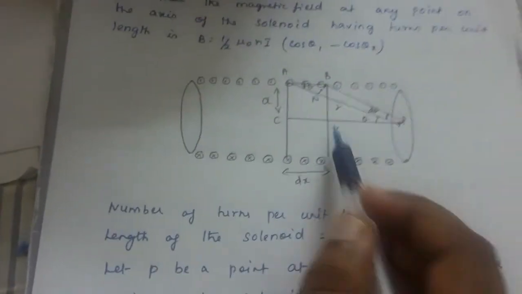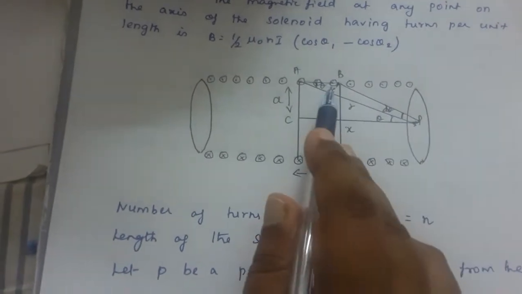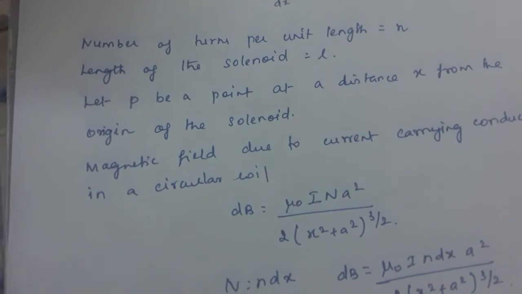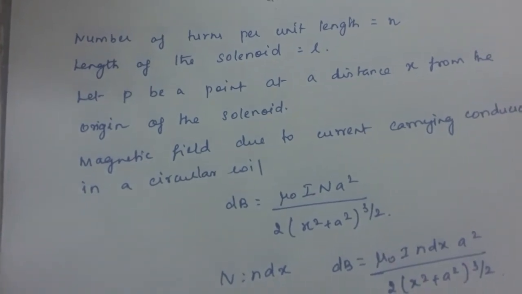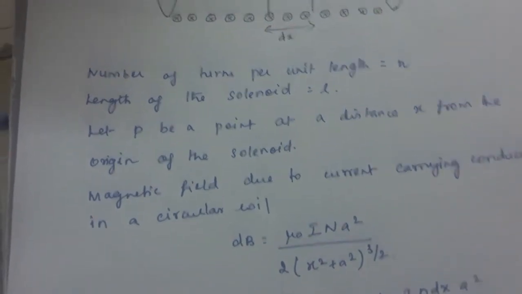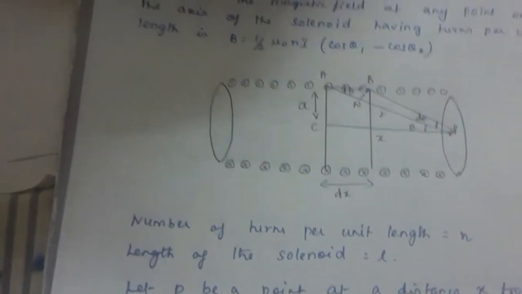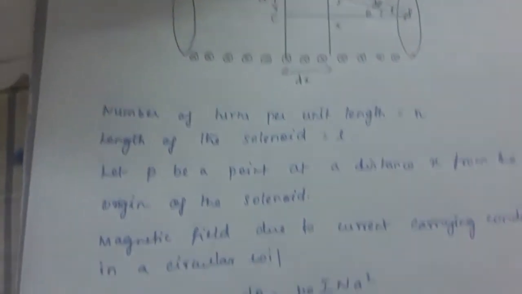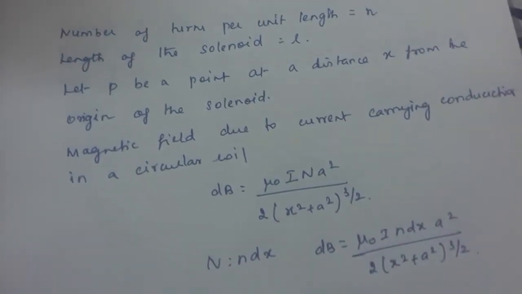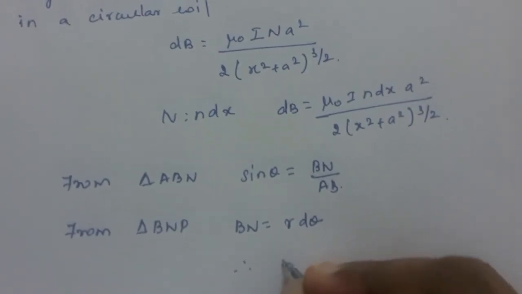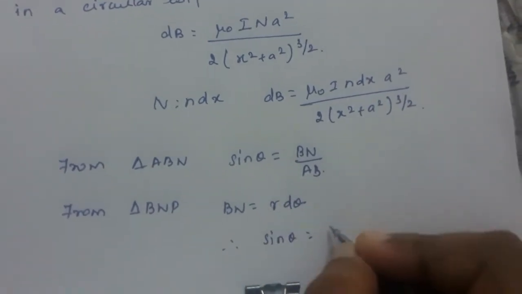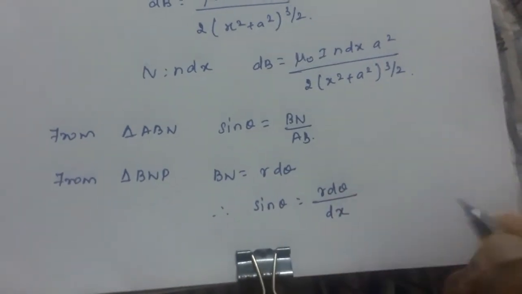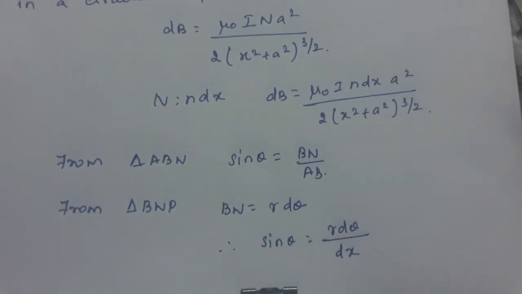Now BN can be written from triangle BNP as R into d theta using the sector formula. Therefore, sin theta is equal to R d theta by AB, and AB is nothing but dx.